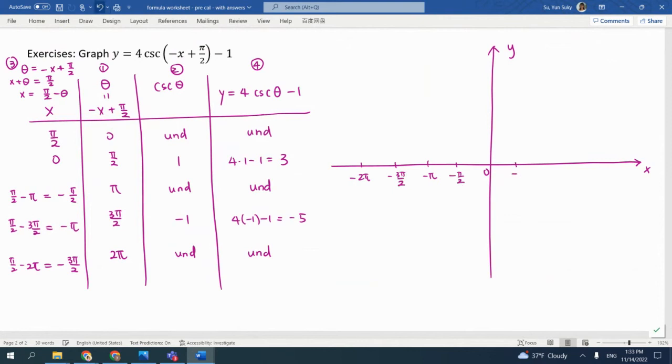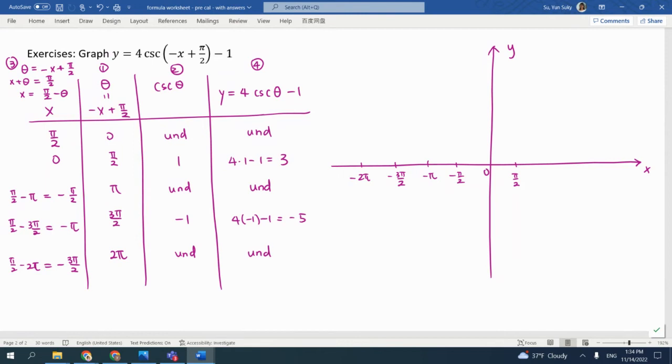Negative pi over 2 and pi over 2. Is that okay, everybody? Look at the x value. It is at smallest negative 3 pi over 2. And usually I draw a negative 2 pi, and then half of it is pi, half of it pi over 2, and then this is the midpoint, negative 3 pi over 2. Yeah? And then, oh, pi over 2 right here.